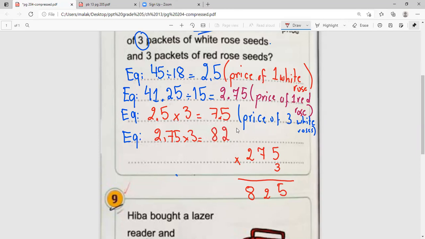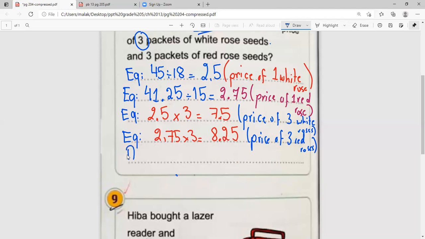We put 8.25. Bravo. So we count 2 digits. So this is the price of 3 red roses. Thank you, Arij.